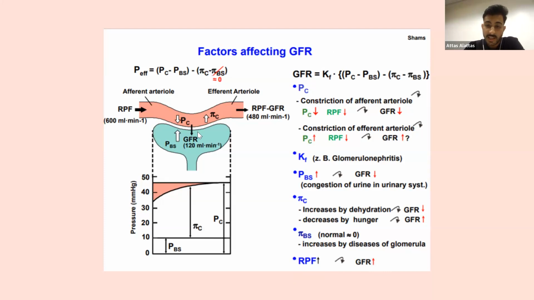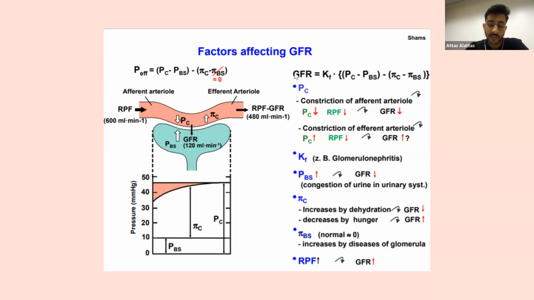Okay. KF is a constant. It's always a constant. Basically, it gets reduced. That's the only thing that you need to understand. It gets reduced with nephritic diseases. So if this number is, let's say normally 10, but now you have a nephritic disease, and now it becomes 5.